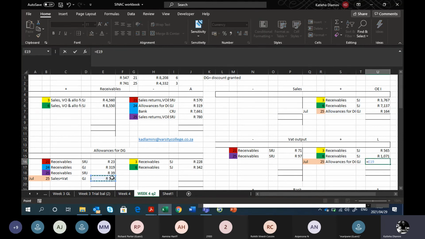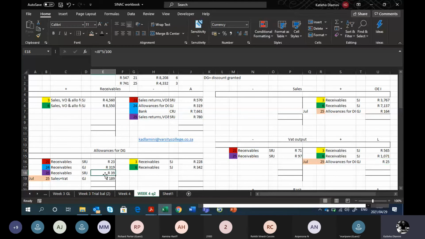So then this amount minus that amount. Okay. So I split this into two other amounts over here, that 189. So that's the discount portion of the thing sorted. So now what we need to sort out is how much is this person going to pay us?